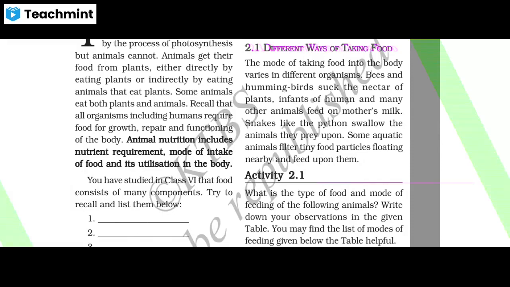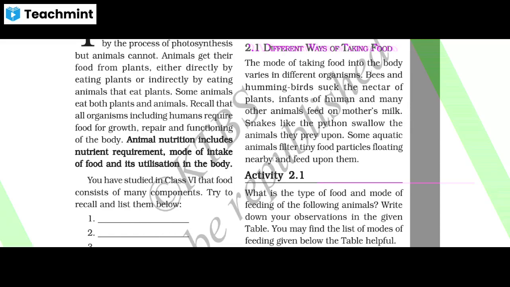And whatever nutrition is taken from the food, in what sense is that nutrition utilized? That is very important in animals, because they require food for growth and for functioning of the body.